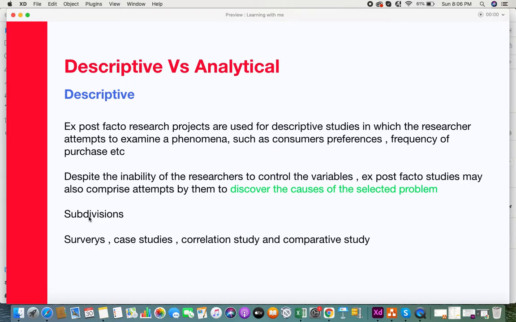Since you want to analyze a particular problem statement, you will do a case study. Since you have so many variables in hand, you would also do correlation analysis, and comparative studies also would be done. So these are all the subdivisions of the descriptive research type.